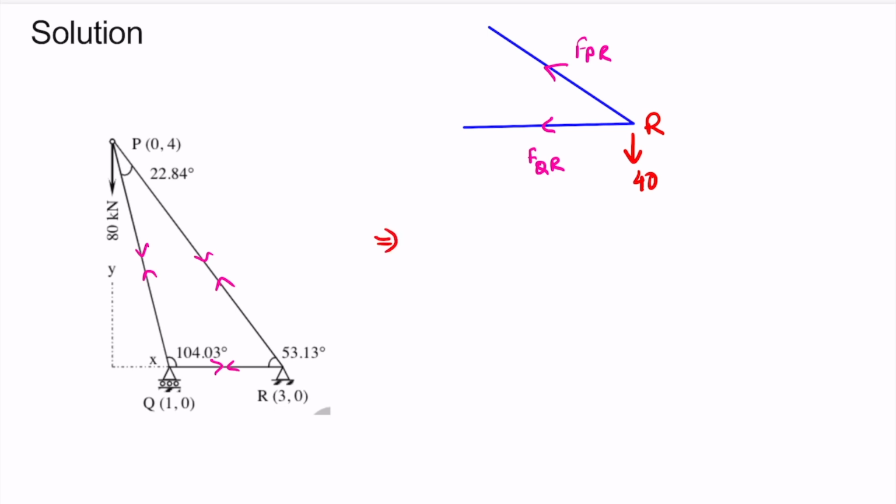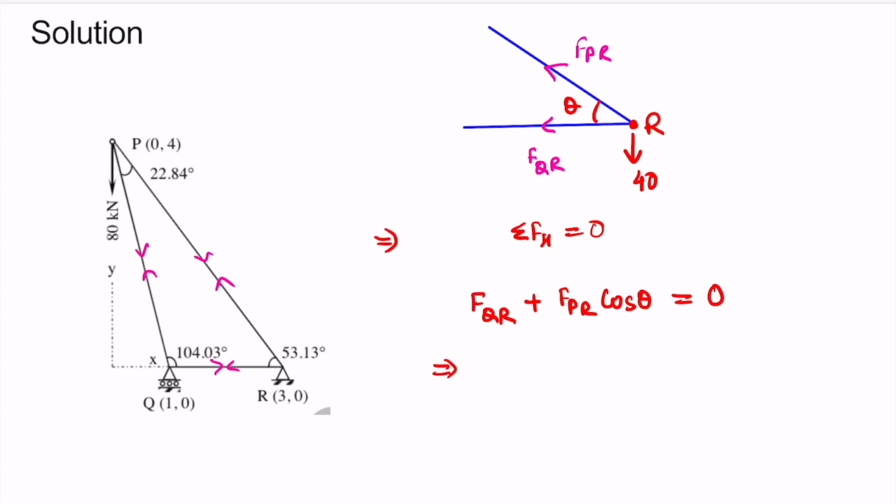So let's satisfy the horizontal equilibrium here for this joint R. So summation of force in horizontal direction to be 0. So what are all the forces in horizontal direction? We have FQR plus FPR, let's call this angle theta, cos theta equal to 0, because no other force is there in horizontal direction.